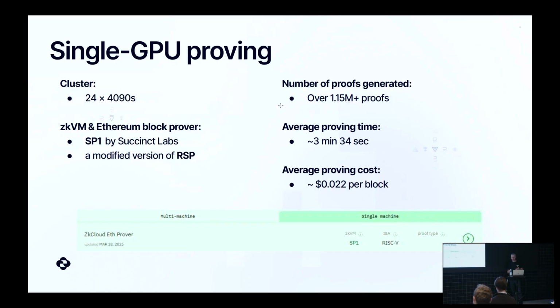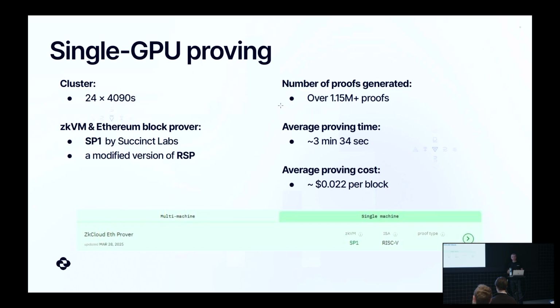We generated over 1 million proofs. With a 12-second slot time, Ethereum has approximately 200,000 blocks a month, and if you multiply that by about 5.5 months since the 1st of April, that's how we are at this number.